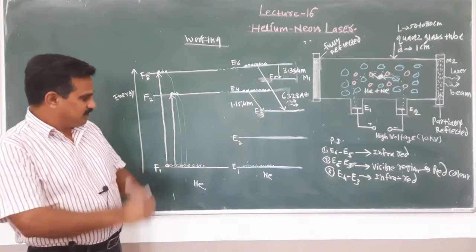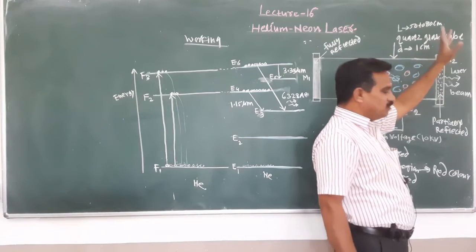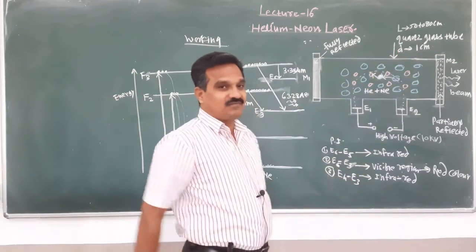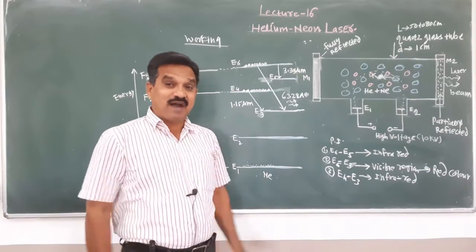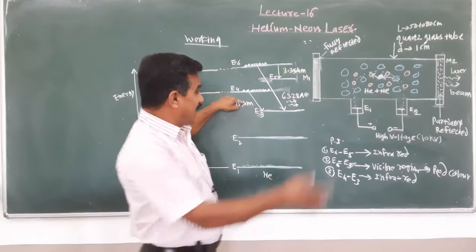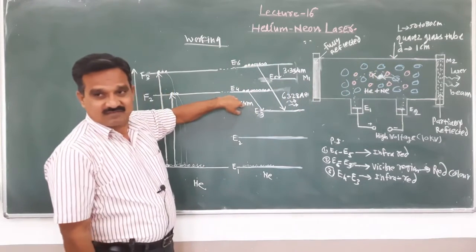And here is the point: why is the quartz glass tube used? Quartz material has the property that it absorbs the minor radiations, and these two radiations are absorbed by the quartz glass.